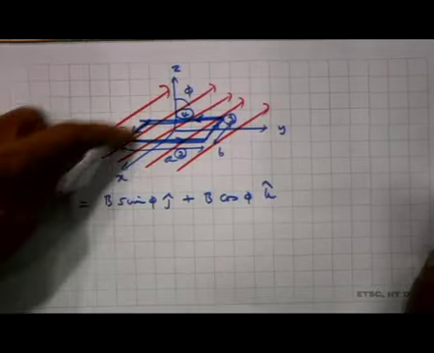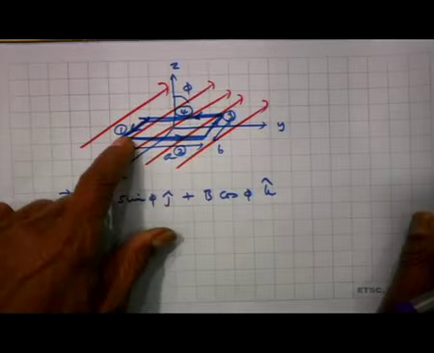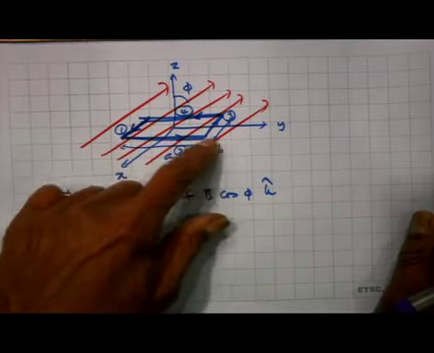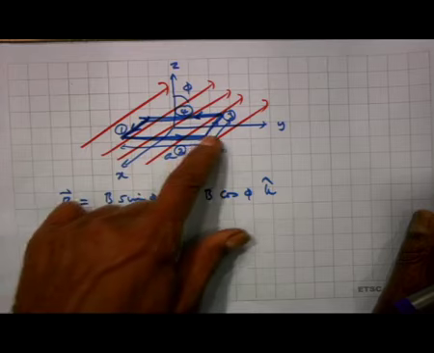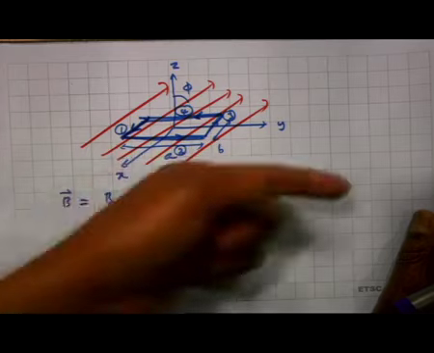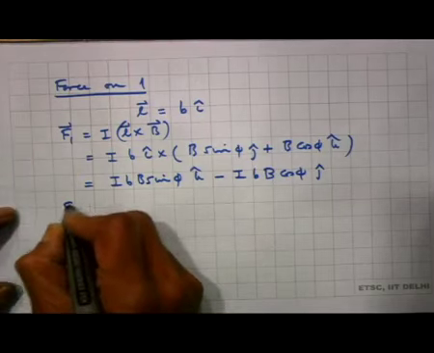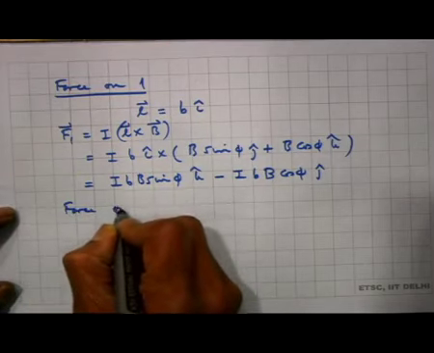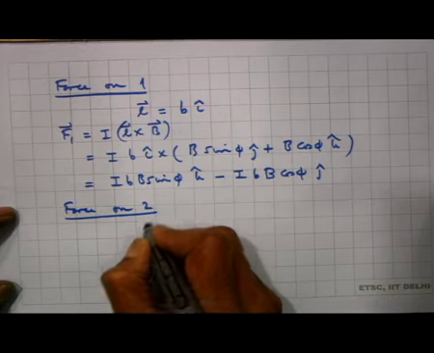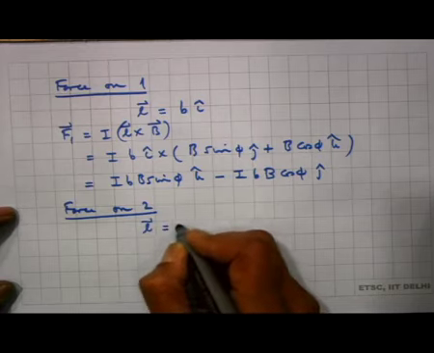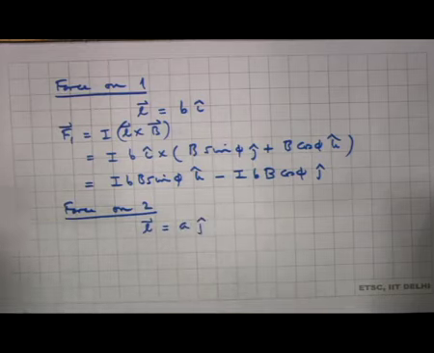Now, let me calculate the force on this part of the current, which I call F 2. This is of length A and the current is flowing in the y direction. So, L will be equal to A times j cap.